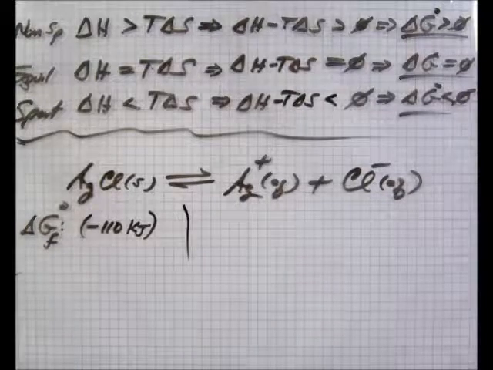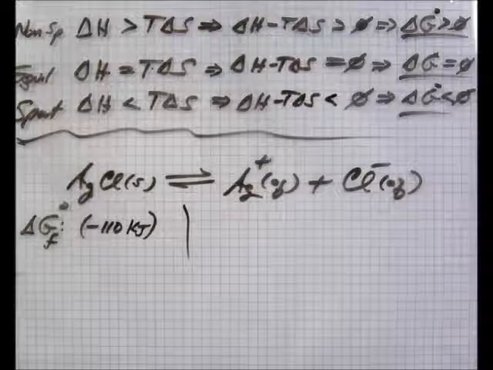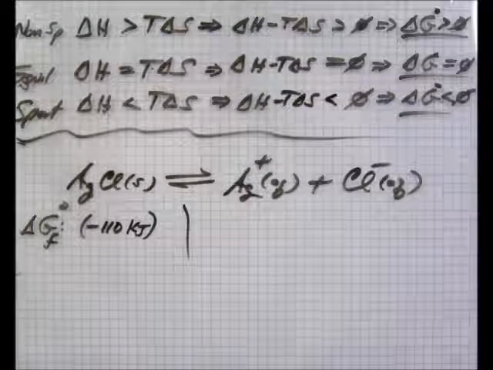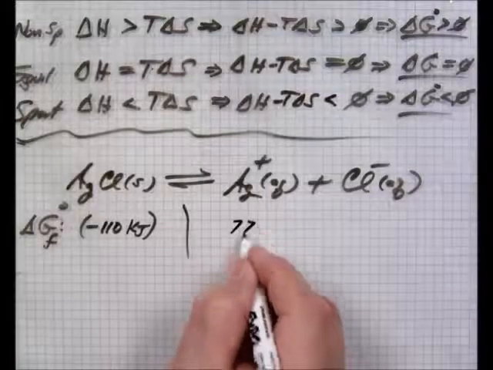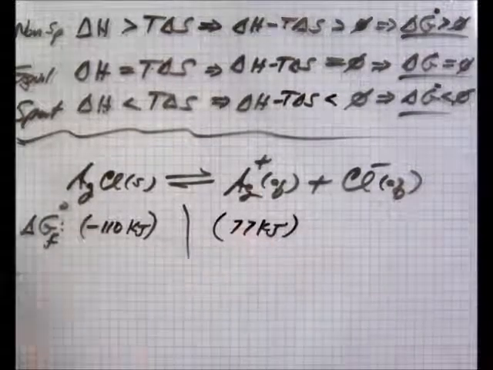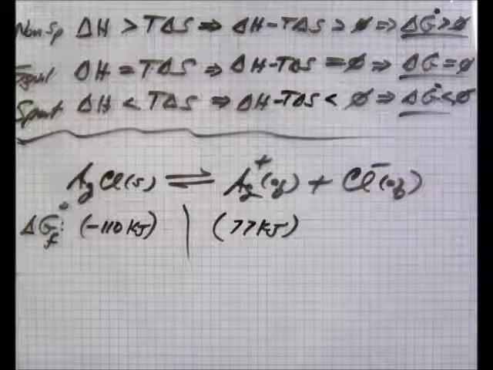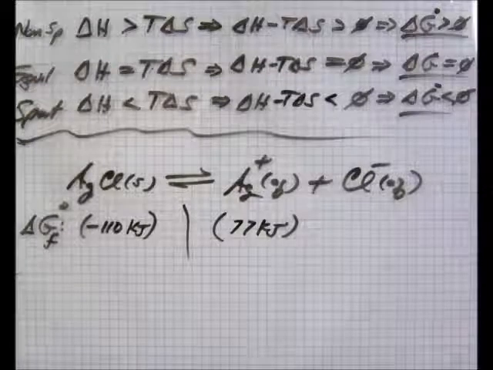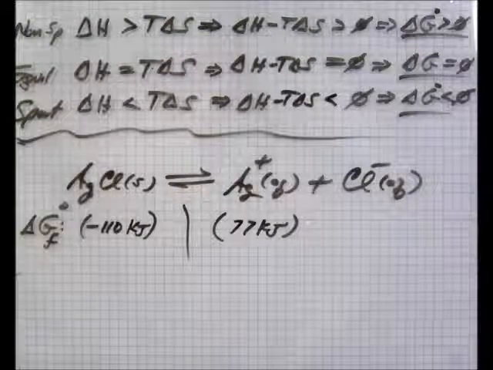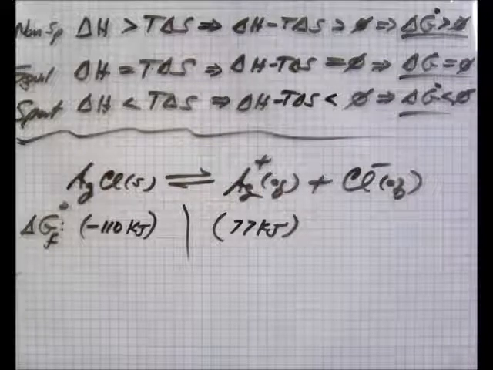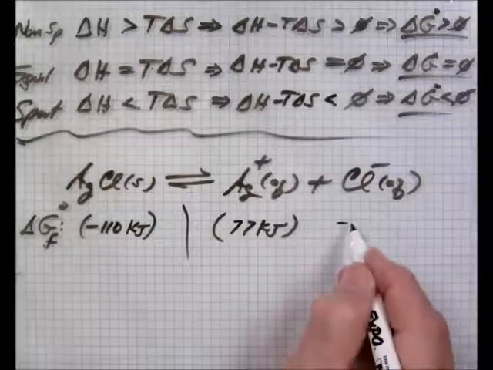Now, delta G for the ion of silver in aqueous solution is 77 kilojoules per mole, positive. And the chloride is minus 131.3.